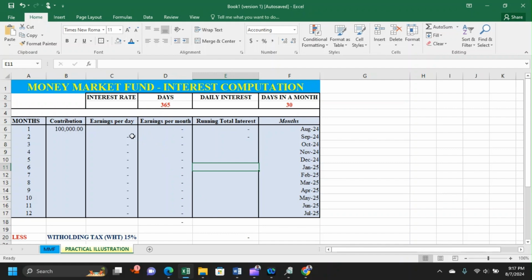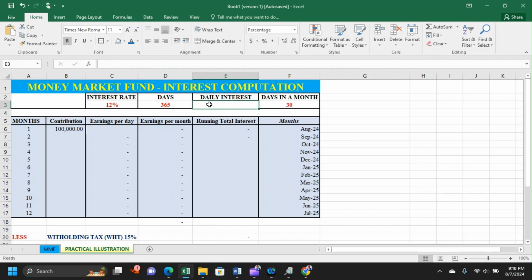For this case, we will use an example of an average of 12% interest rate per annum to see how much you may earn at the end of the year, at the end of the month, and even every day. We will also consider a normal year with 365 days.